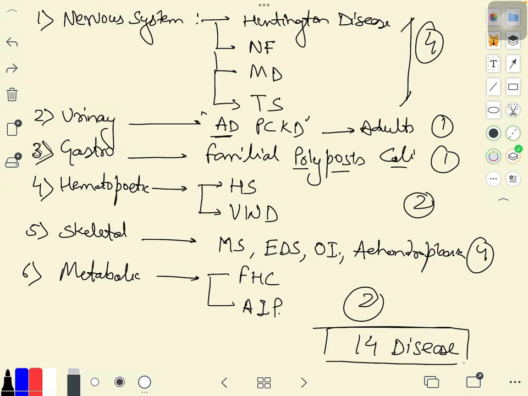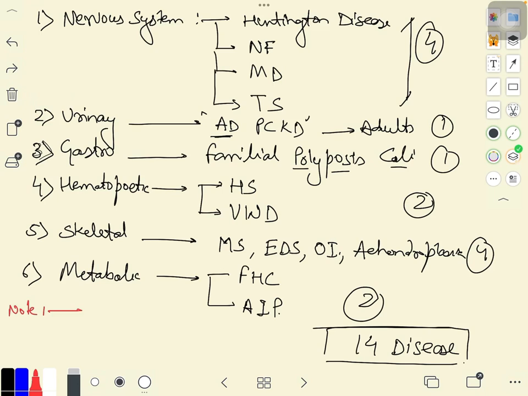Okay, it's going to be very, very easy. It will be fun. I will take care of all those diseases in a very simplified way. However, one very important point that differentiates all these autosomal dominant disorders from other diseases is that the structural integrity of the body is somehow compromised in all these diseases.